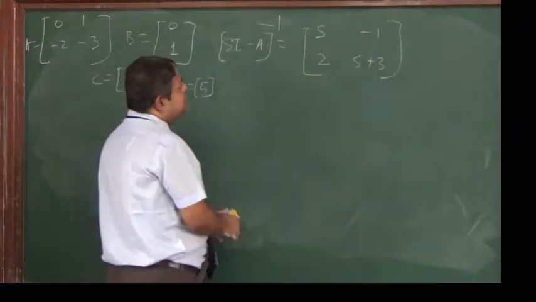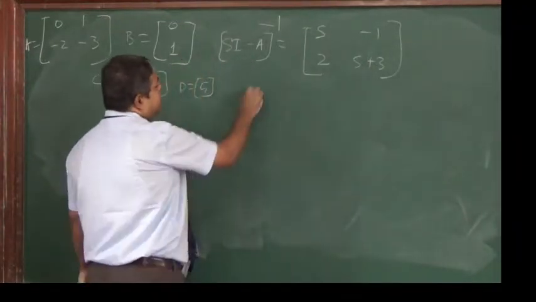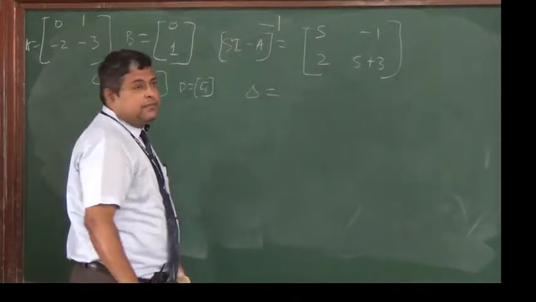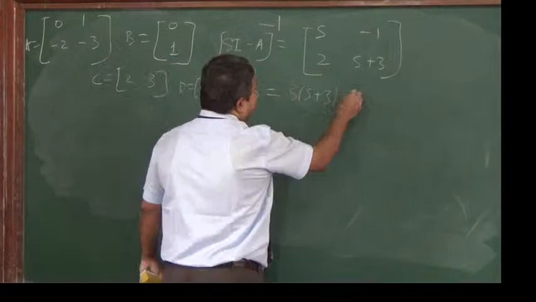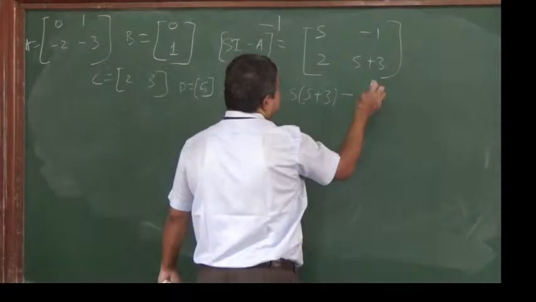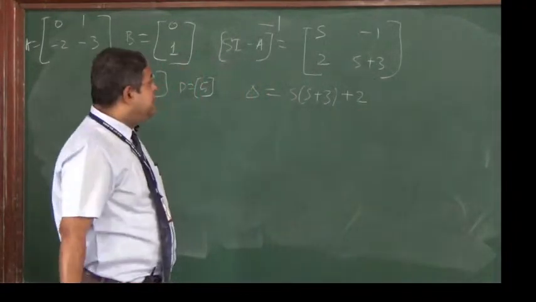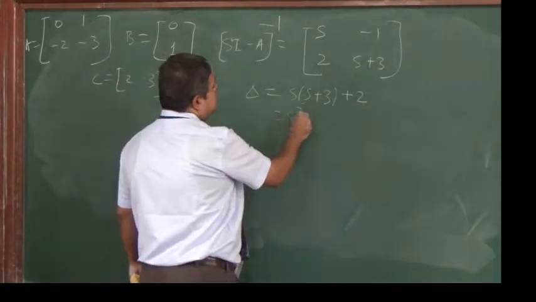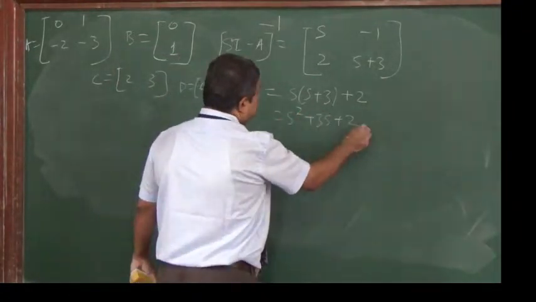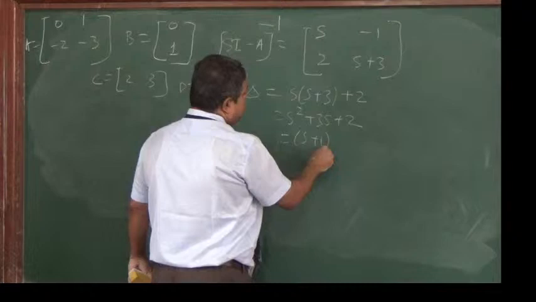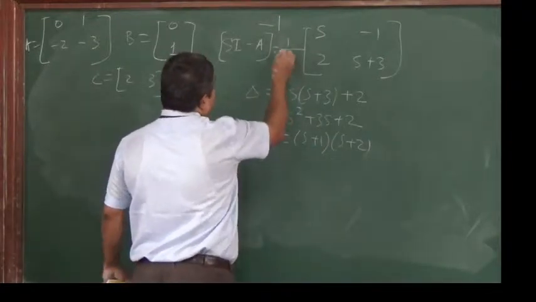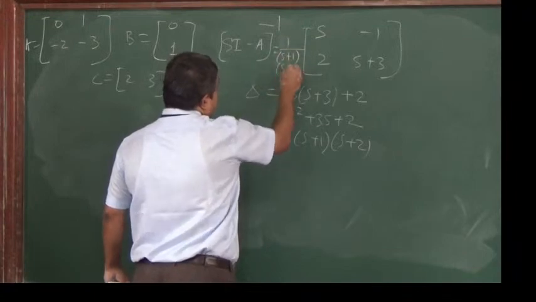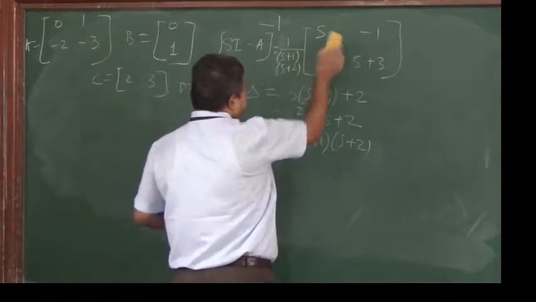What is the first step in finding sI minus A inverse? First find the determinant. So S into S plus 3, minus 2 into minus 1, so minus of minus 2, this is plus 2. So first step is finding the determinant. This is S squared plus 3S plus 2, that is equal to S plus 1 into S plus 2. So how to find sI minus A inverse? First step is 1 by S plus 1, S plus 2, and then just change it.